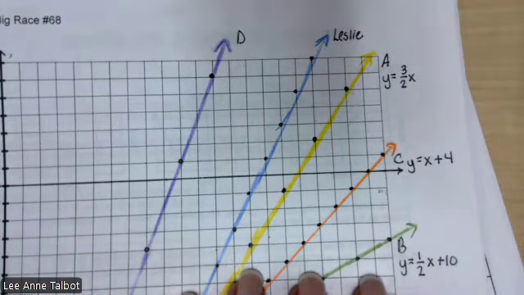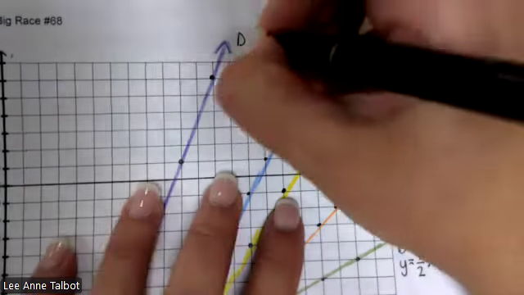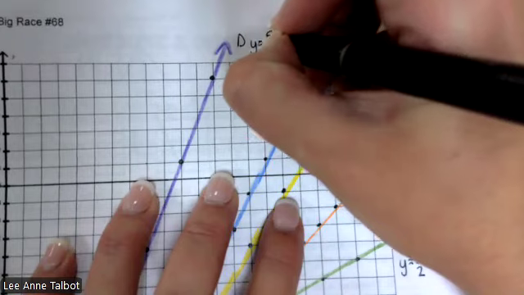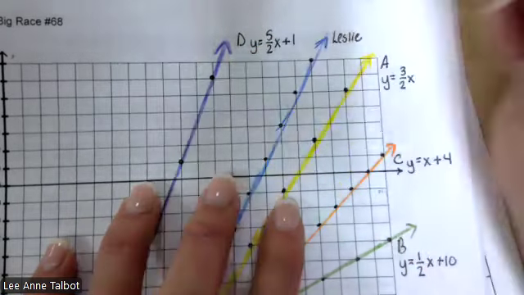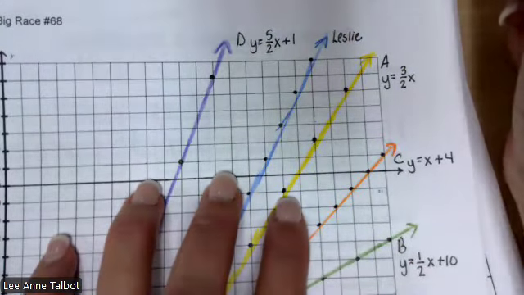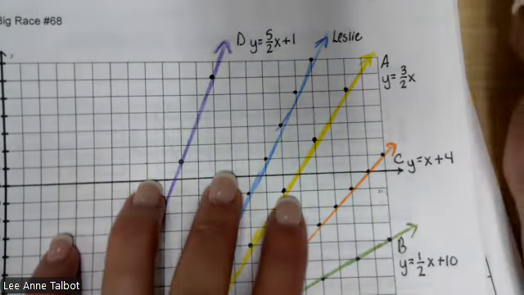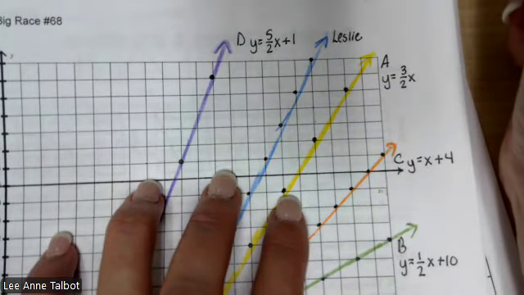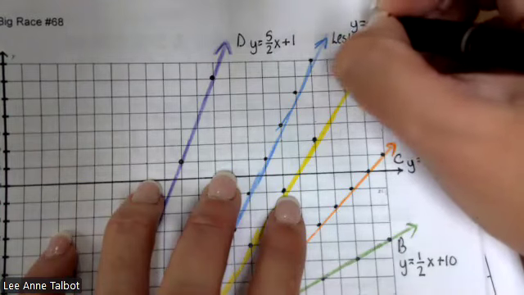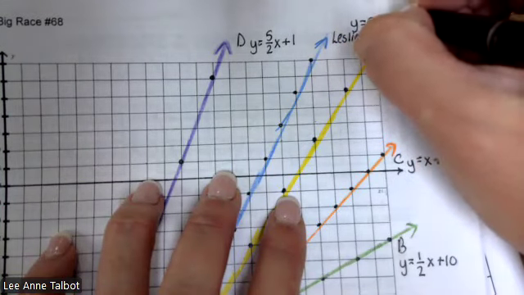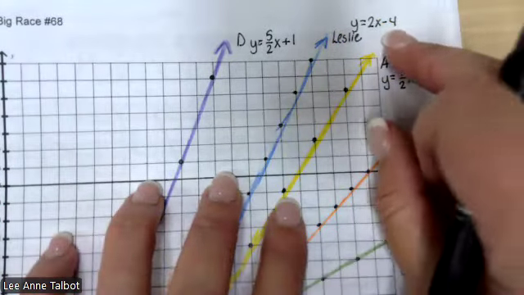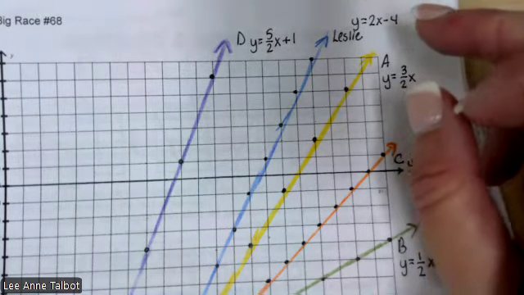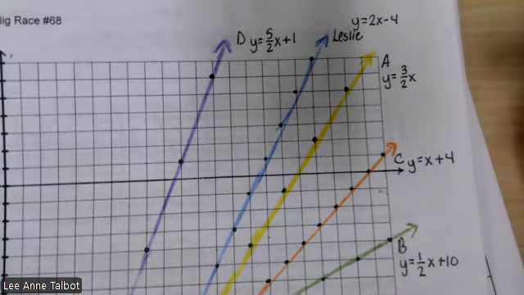Rider D is y equals 5 over 2x plus 1. Leslie is y equals 2x minus 4. Make sure you have the minus 4 there because her y-intercept is -4.